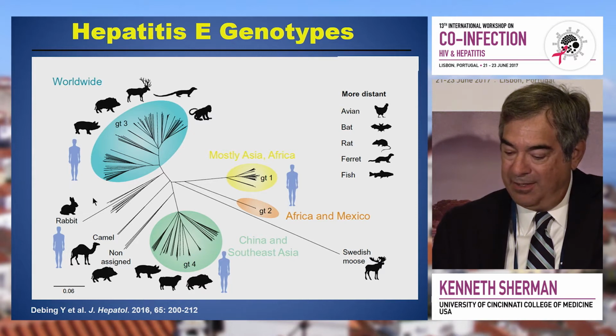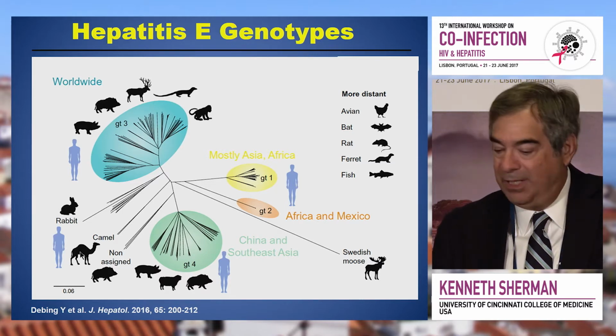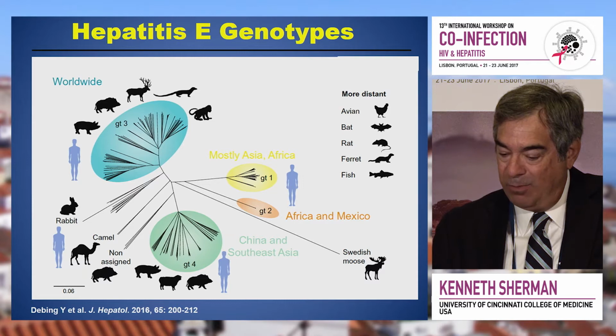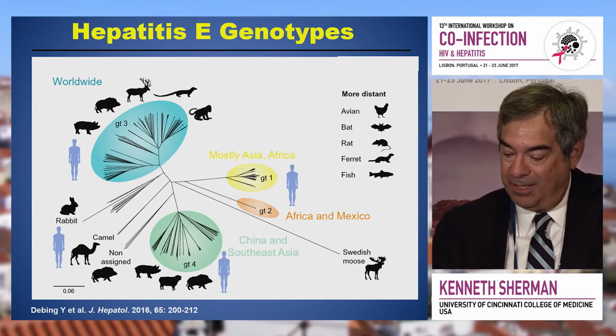Of late, there has been 1 case report of transmission in the Middle East from a camel to a human, and that may represent another genotype, an animal genotype that can infect humans that had not previously been reported.